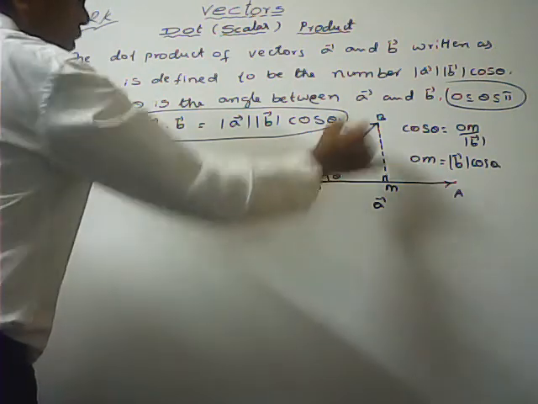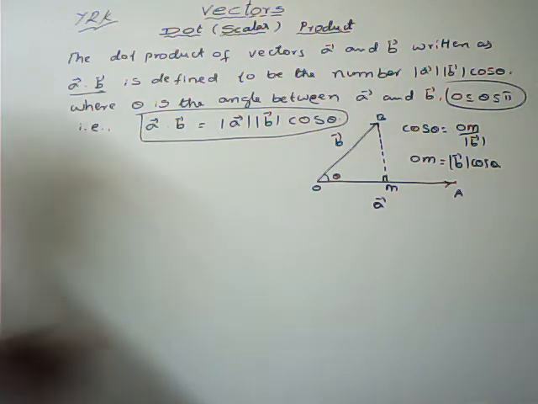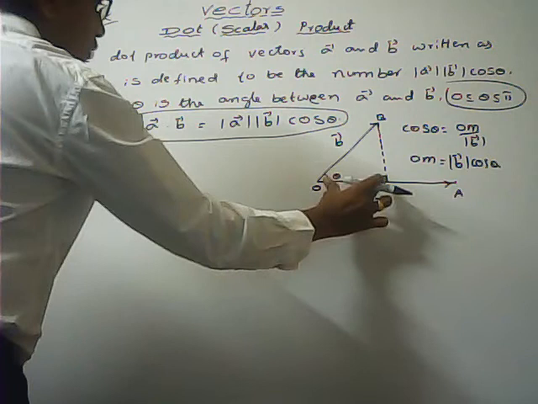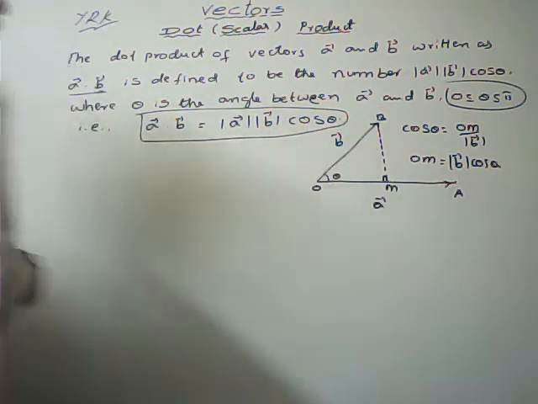Now here, this is the vector OB bar, this is the vector OA bar. From B, draw the perpendicular to OA bar, meeting OA bar at M. Now OM is the projection of OB bar on OA bar.